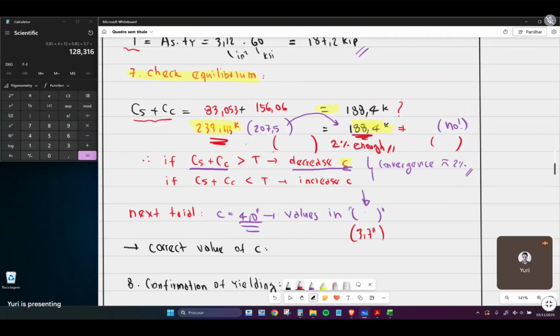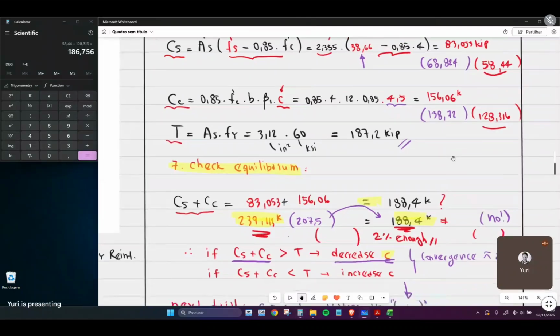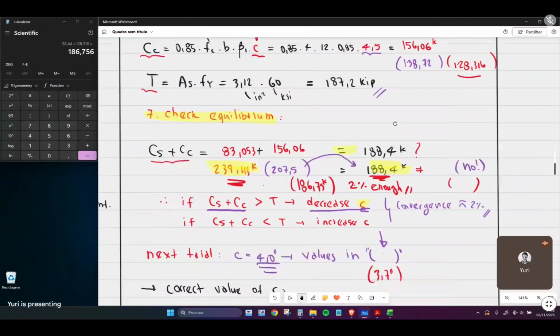All right, now if we add them together, we have 58.44 plus 128. It's going to give us very close to the value that we're looking for. 186.75 kip. Okay. So as you can see here, it's very similar.